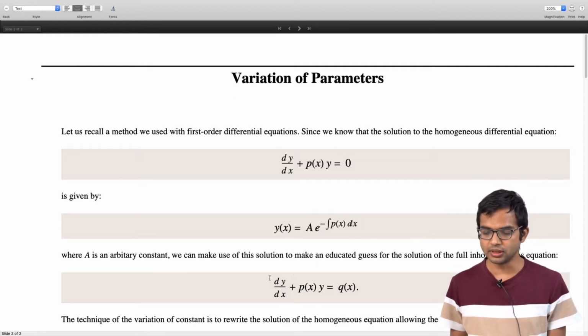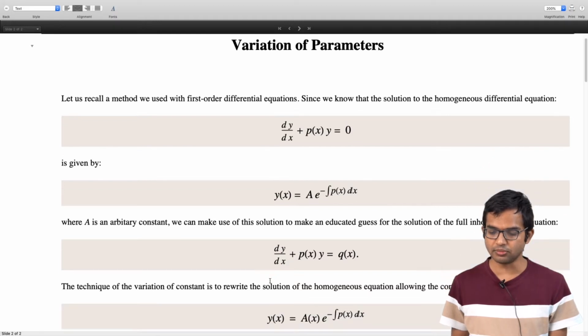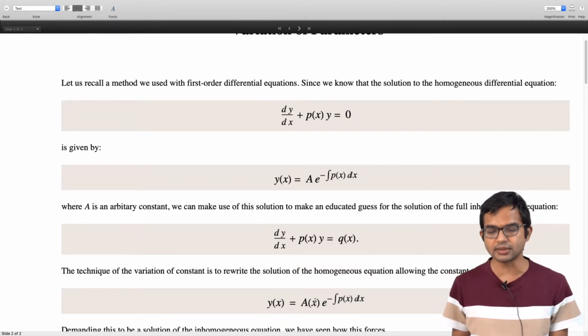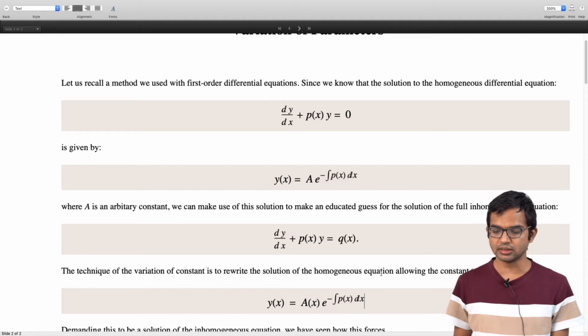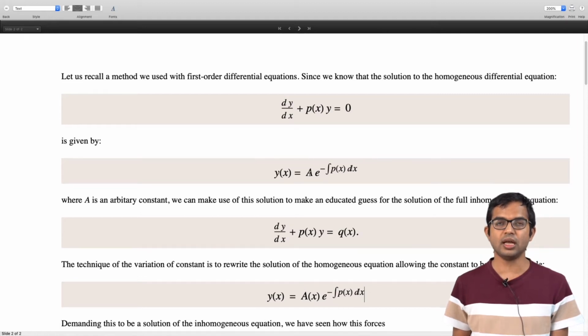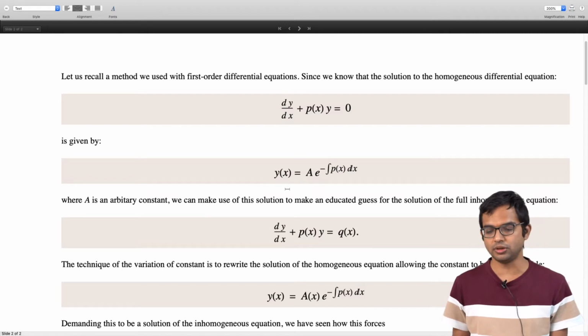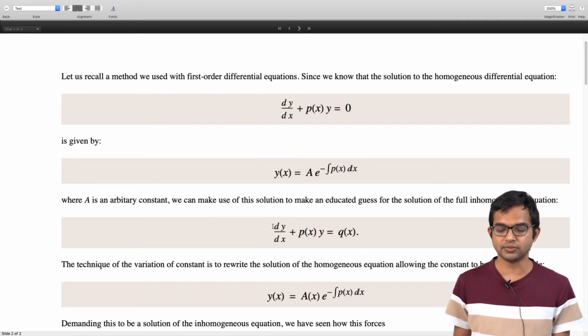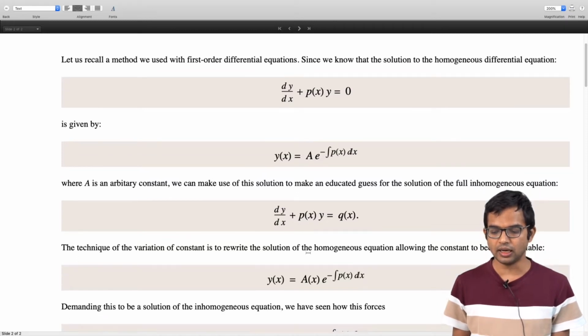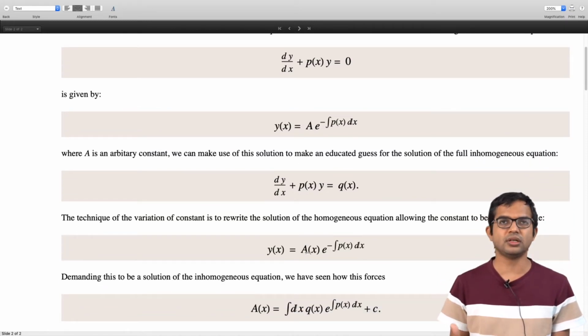So you start with this differential equation, and then you compute this quantity y of x is equal to a of x times e to the minus integral p of x dx, right? This part you just leave as it is, but instead of just a constant a, you make it a function, and you implant this as an ansatz into the differential equation which you want to solve, namely the inhomogeneous differential equation, right? And now you have seen how this works out, right?